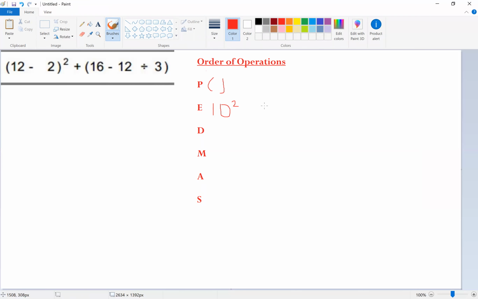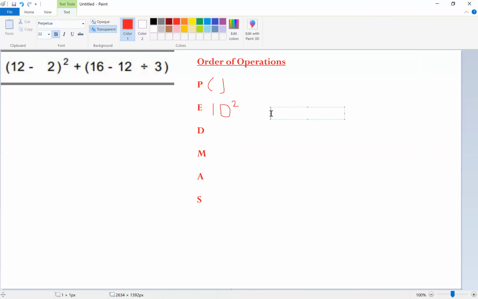Instead, we do 10 times 10, right? 10, 2 times. If that were 10 to the power of 3, it would be 10 times 10 times 10, 3 times. But here it's to the power of 2, so that would be 100.